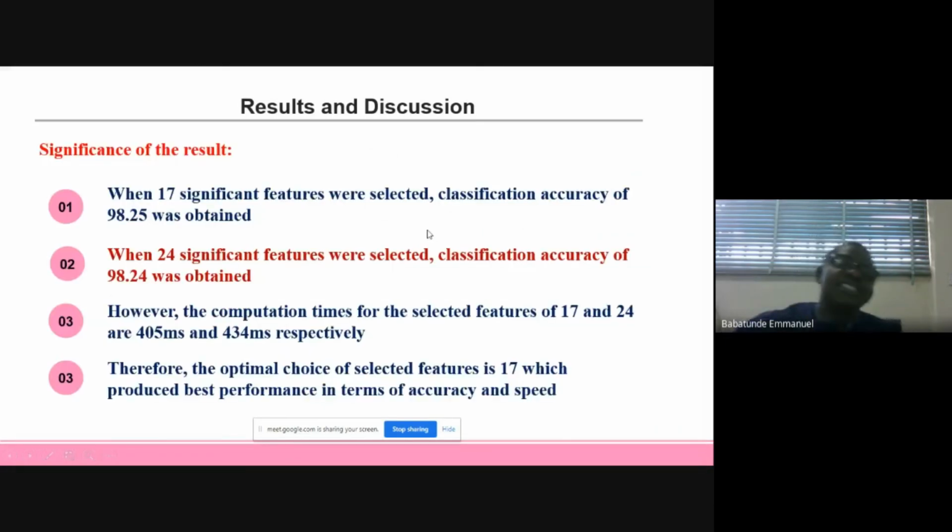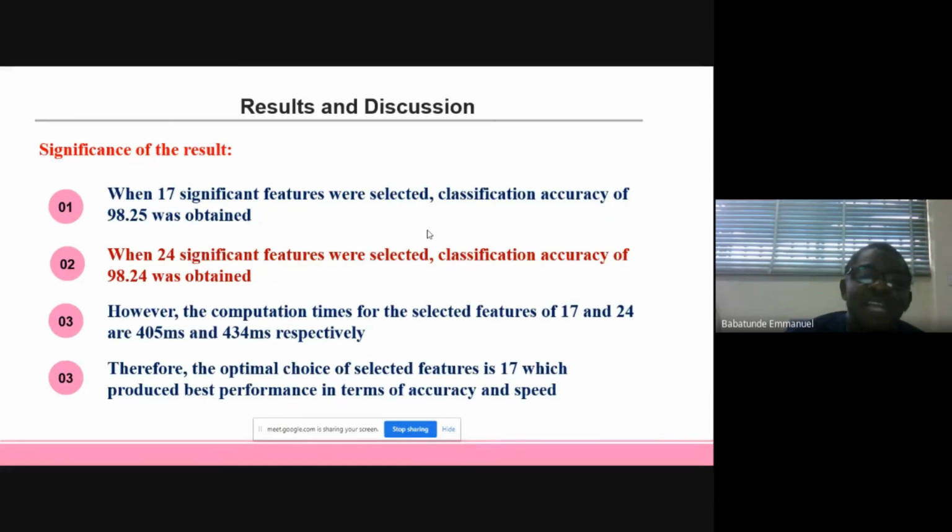So, what is the significance of this result? When 17 relevant and significant features were selected, a classification accuracy of 98.25 was obtained. When we selected 24 significant features, a classification accuracy of 98.24 was obtained.